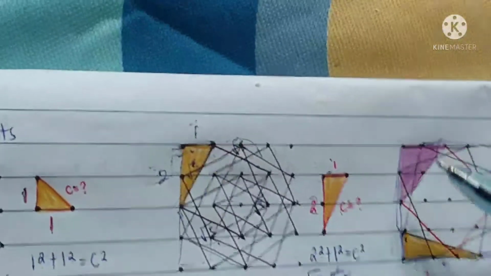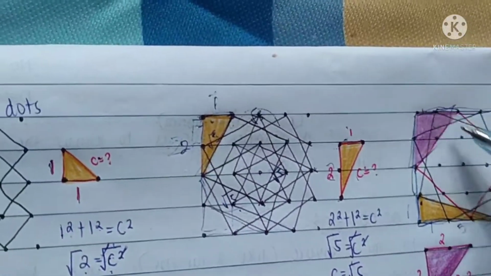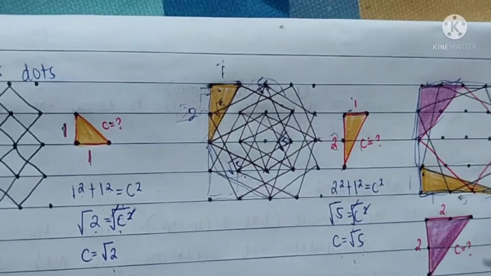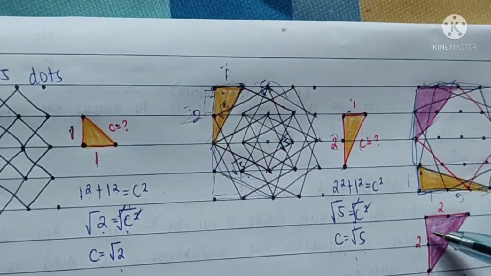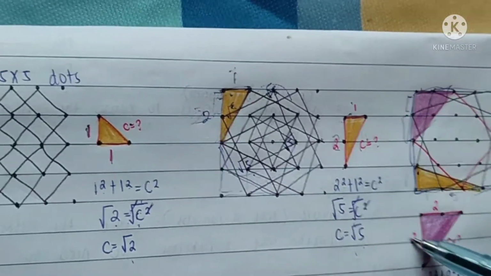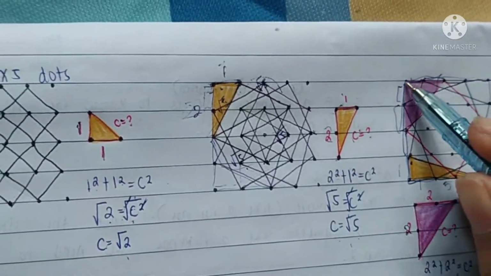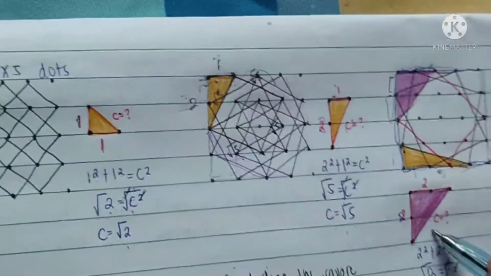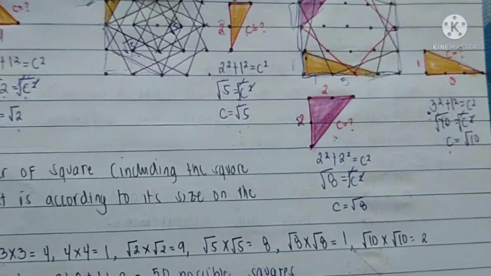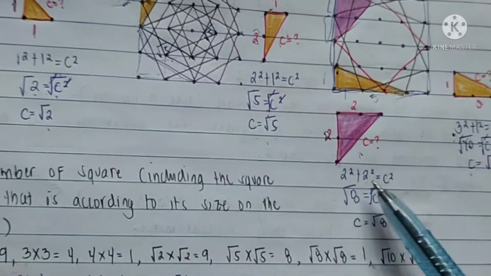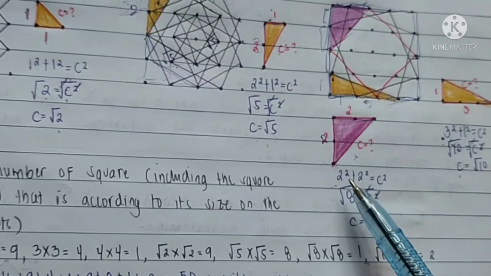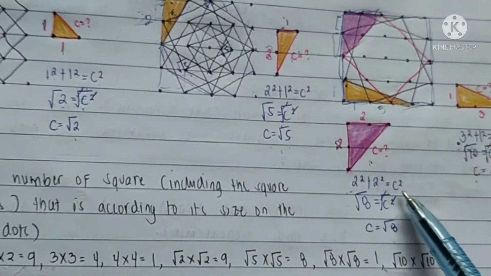Pag kunin natin to as representation ng isang right triangle, isang side niya ng square na to. So, pag move tayo dito, 1, 2, so 2, tapos 1 and 2, so may 2, so ang una naman si C. So, using the formula, substitute natin si A plus B. So, 2 squared plus 2 squared is equal to C squared.